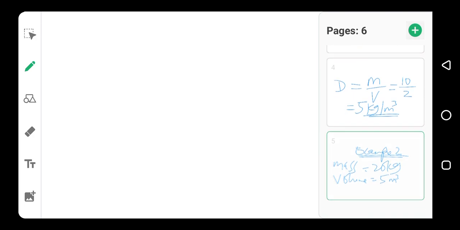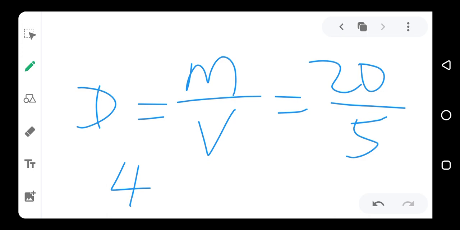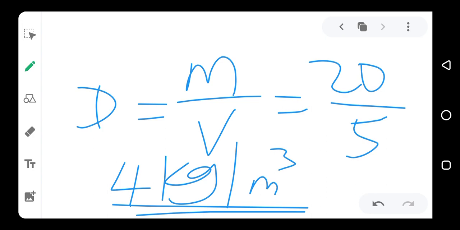Now we say again that density is equal to mass over volume. Density is equal to m over v. M is equal to 20 and volume is equal to 5. So we have 20 over 5, and it will give us 4. Now the unit of density is kilogram per meter cube. So this is the answer, 4 kilogram per meter cube.